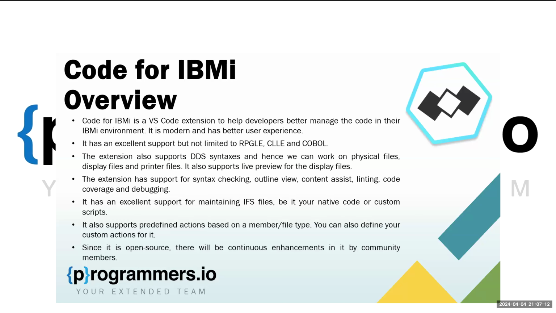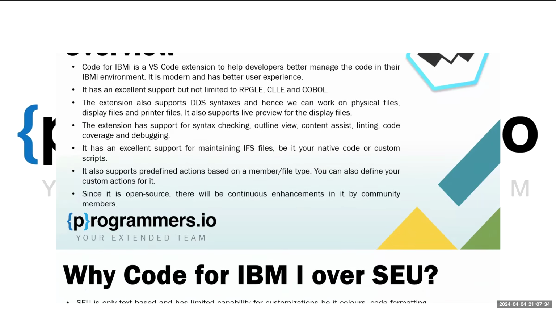I will be talking about all the tools or extensions that are available to us in that development pack. Since the extension is open source, there will be continuous enhancements over time, which adds to the confidence in switching from RDI or SEU, the green screen.